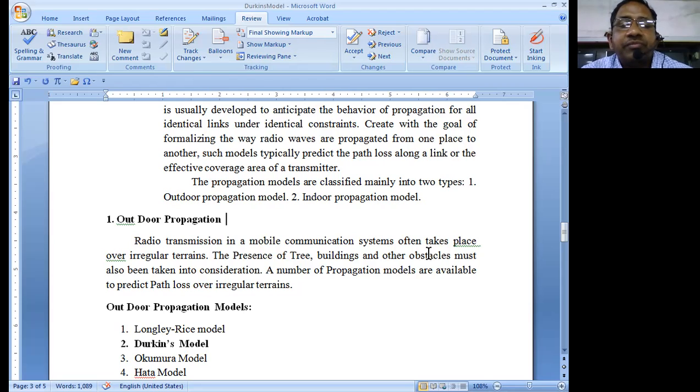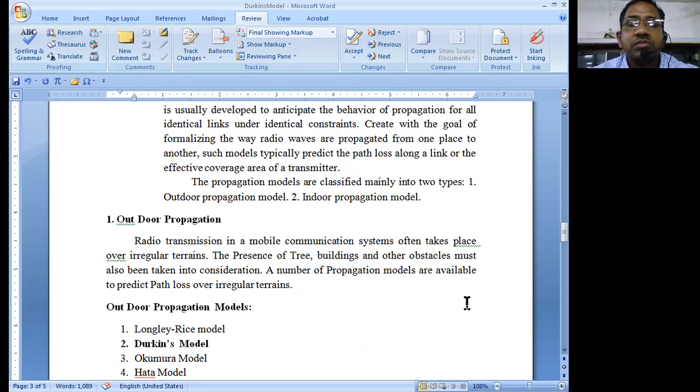Radio transmission in a mobile communication system often takes place over irregular terrains, so we will have obstacles between the transmitter and the receiver. Irregular terrains mean longer distances, and the presence of trees, buildings and other obstacles must also be taken into consideration.